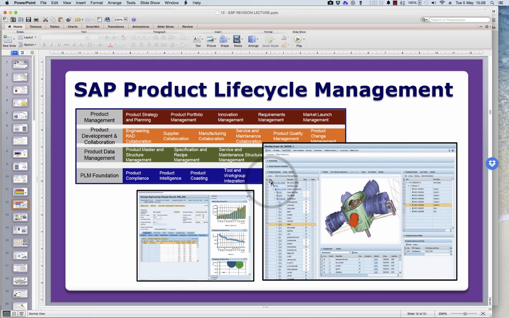So specification and recipe management is really what defines how that product is made, what defines it being different from another product. And it can be both discrete like this or process based.